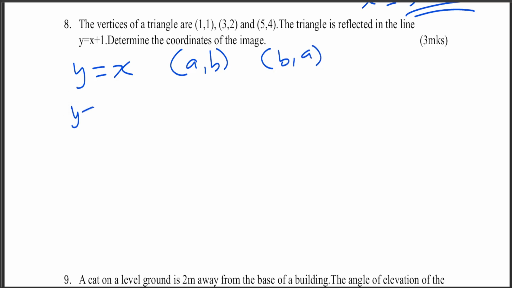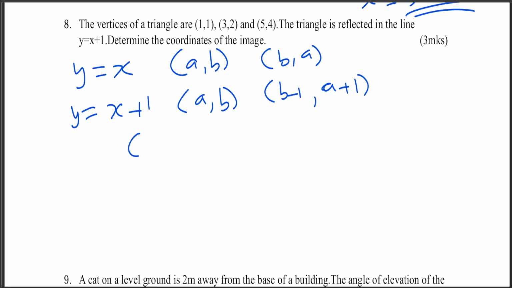But now, since there is x plus 1, if this is a, b, then the b, which was on the y-axis, goes to the x coordinate, so it will be b minus 1, then the a will be addition.